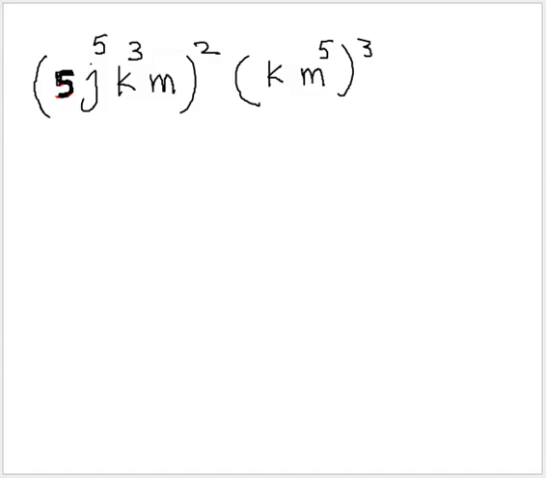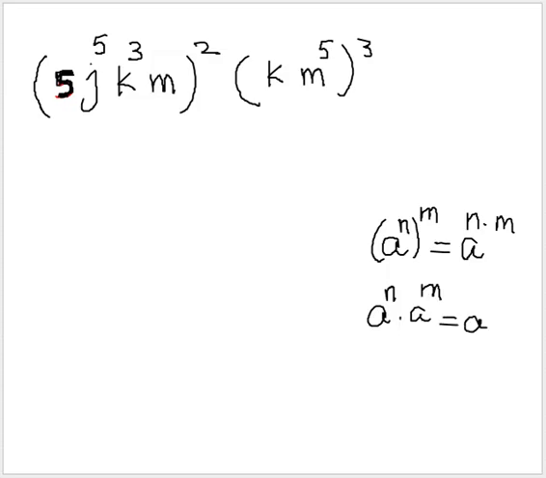Now look at the properties that we have here. A to the power of n to the power of m would be the same as a to the power of n times m. A to the power of n times a to the power of m is the same as a to the power of n plus m.